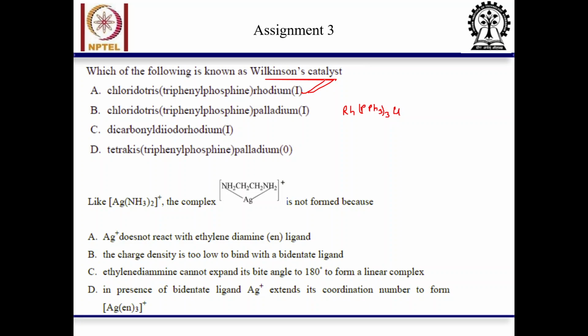Ag plus doesn't react with the ethylenediamine ligand. The charge density is too low to bind with a bidentate ligand. Ethylenediamine cannot expand its bite angle to 180 degrees to form linear complexes. In the presence of a bidentate ligand, silver extends its coordination number to Ag(en)3 plus.